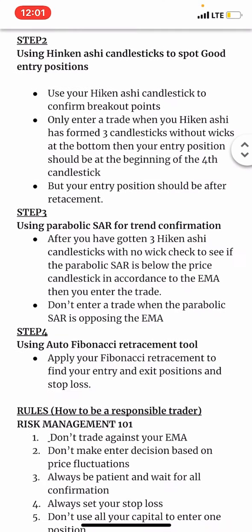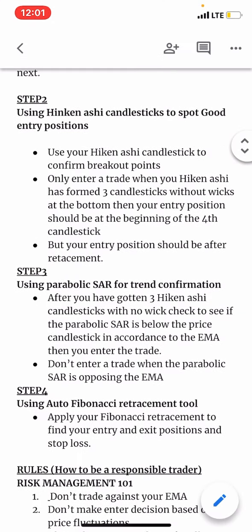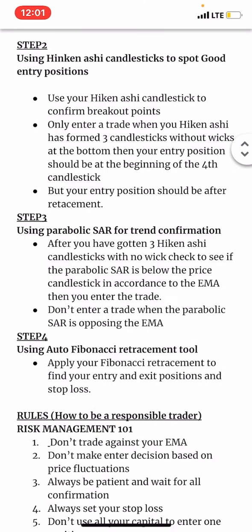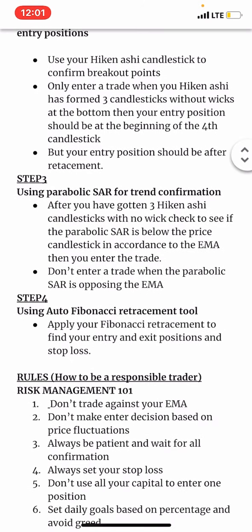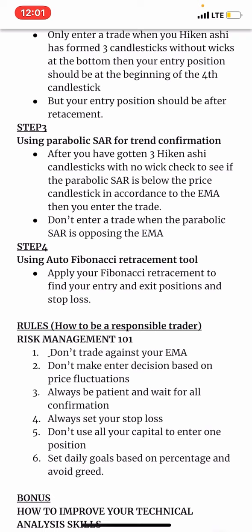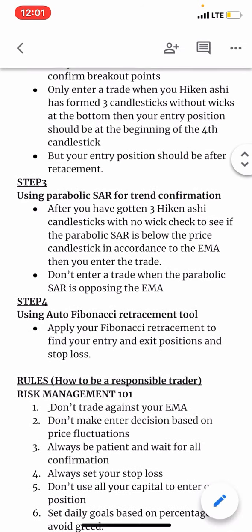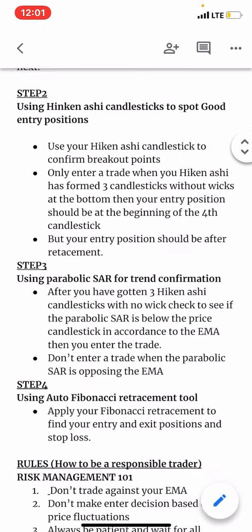Now see what I was talking about. Step 2, number 3: your entry position should be after retracement. That's for risk management control. Then step 3, using parabolic SAR for trend confirmation.